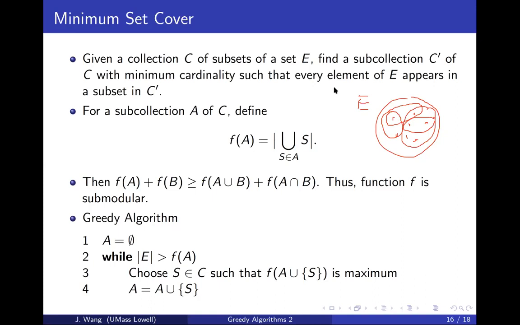So obviously in this particular case, for instance, if I pick this one and pick this one, then it covers E, right? So it has the smallest number. So this is C prime. It's just these two. Original C is 4 of them, right? So that's what we want, to find the smallest number.